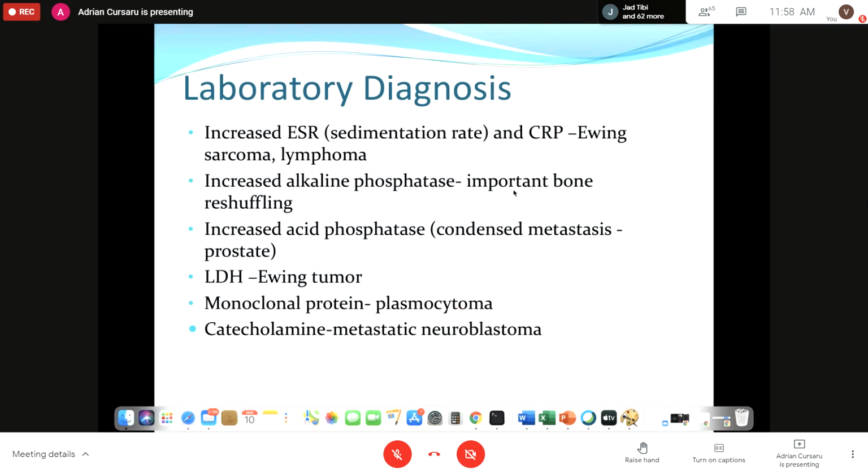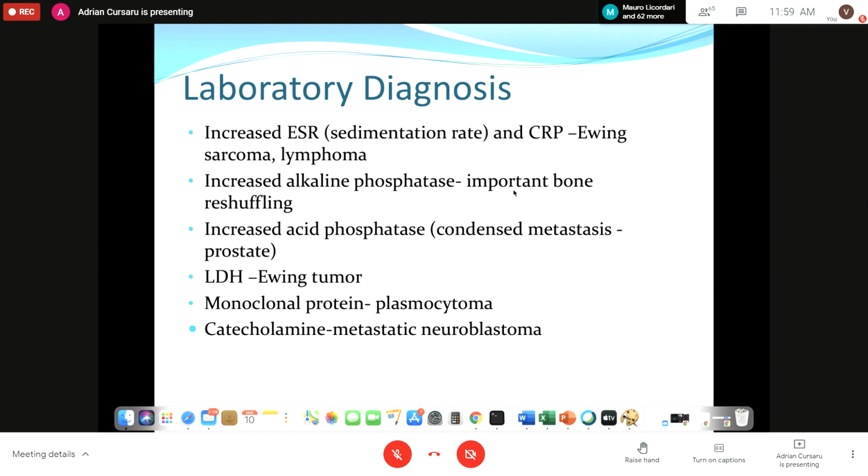For some types of tumors, they are represented by laboratory modifications. Increased ESR, sedimentation rate, and the CRP are specific for Ewing sarcoma or lymphoma, but could appear in other types of bone lesions, for example in infection.